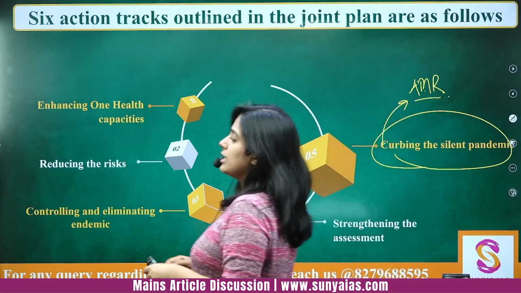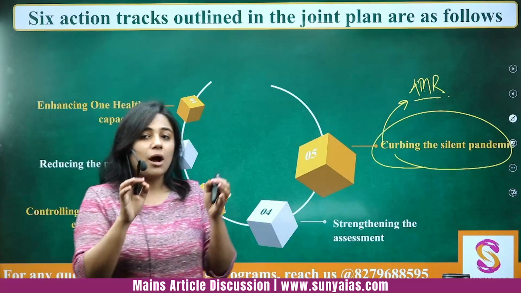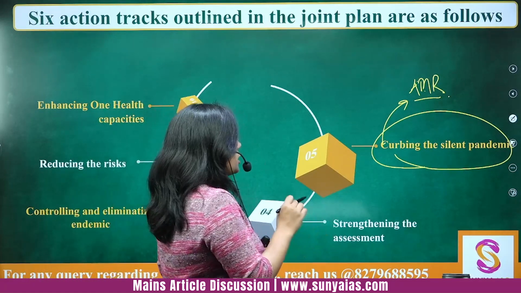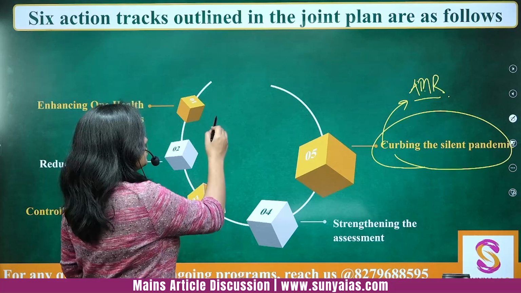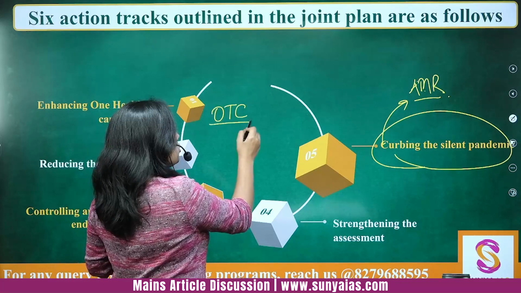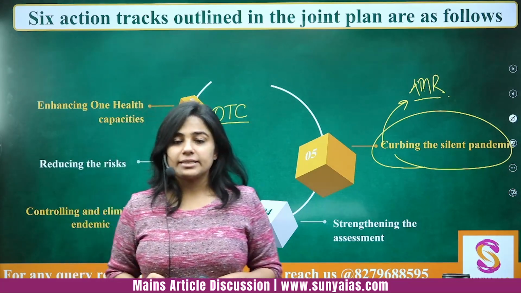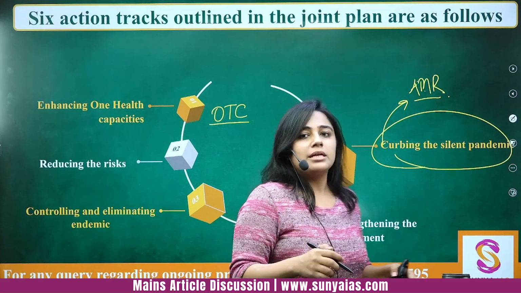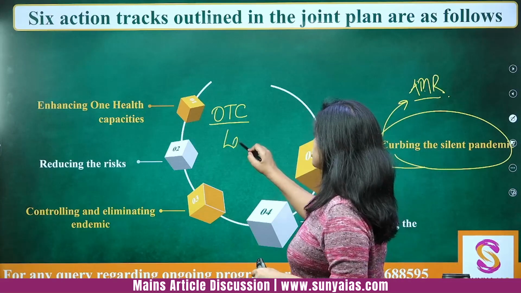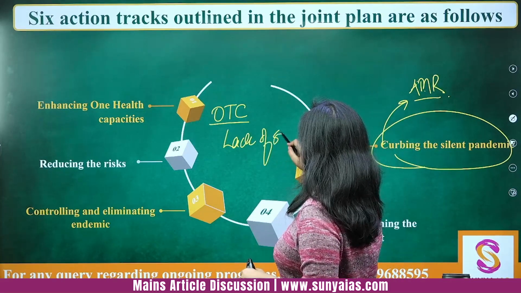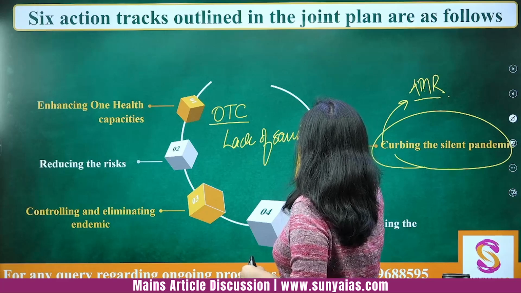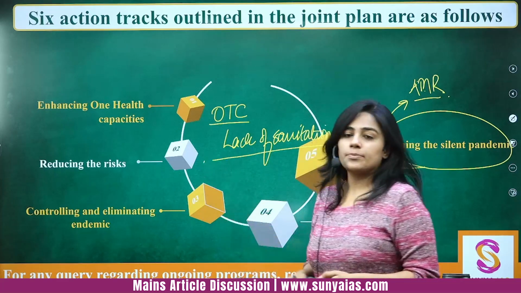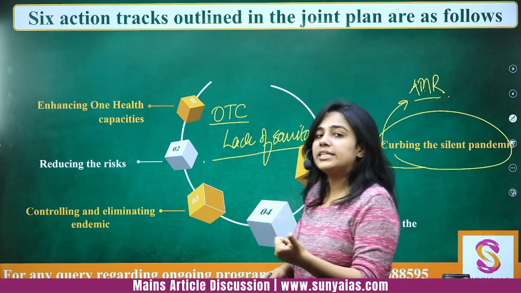But overall, antimicrobial resistance is a big problem, because of the kind of over-the-counter medicines that we are taking, and so many medicines being loosely available, then there is lack of sanitation. We are developing immunity to basic medicines.